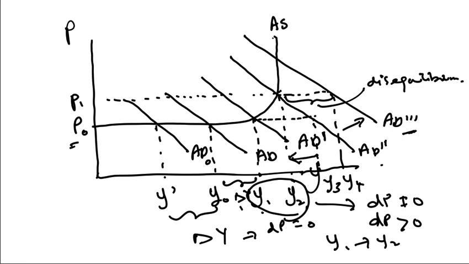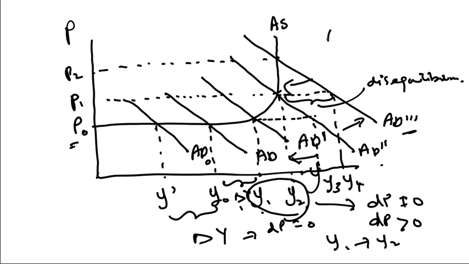Remember now we are in the vertical segment of AS, which is referring to the classical segment. So when the price adjusts, we can see that the price increases further from P1 to P2. And after the adjustment in price, output will go back to Y2 from Y4.